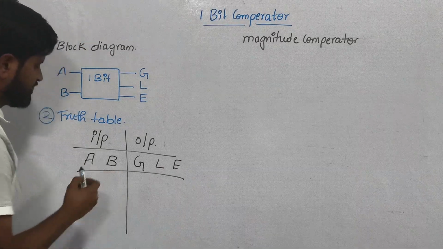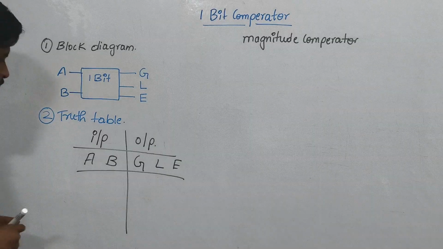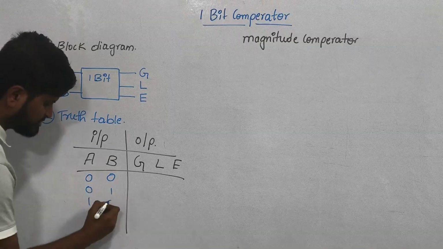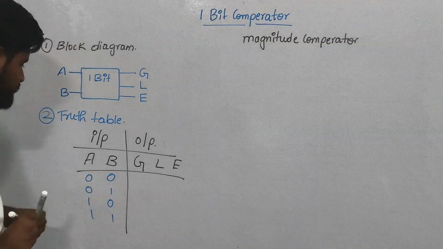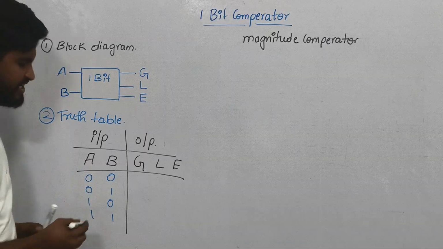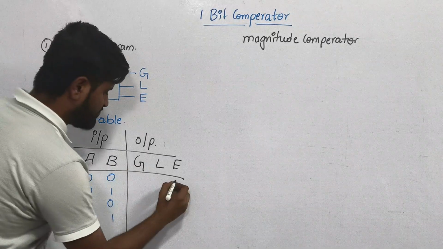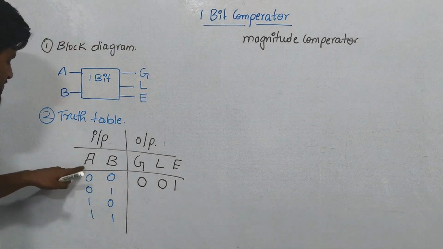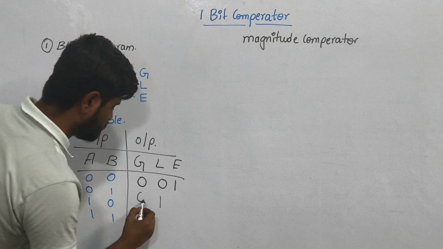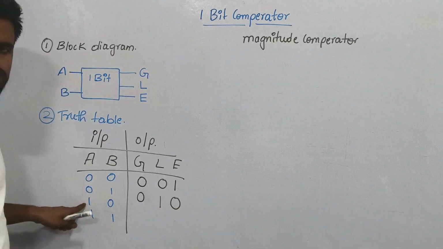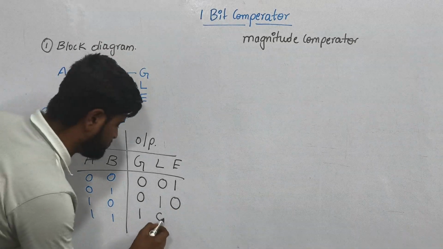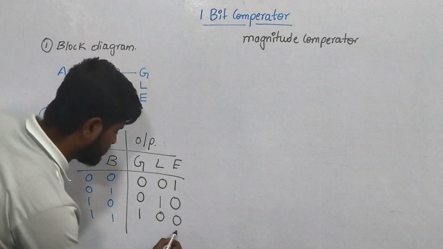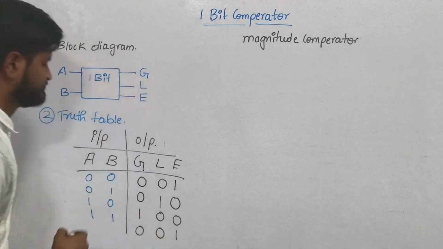Since I have only two inputs, the possible combinations are 00, 01, 10, and 11. Now, 0 equal to 0, that is A equal to B, so equal gets 1. 0 and 1: A is less than B, so less gets 1. A value is 1, B value is 0: A is greater than B. And when both values are equal to 1, A and B are equal to each other.